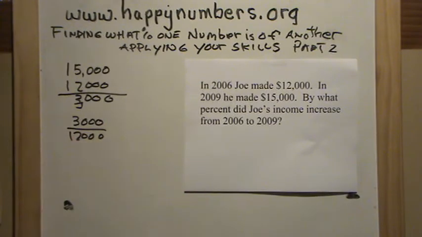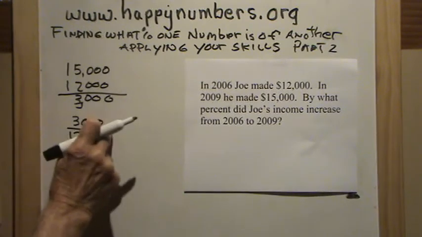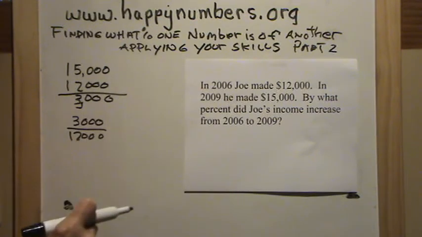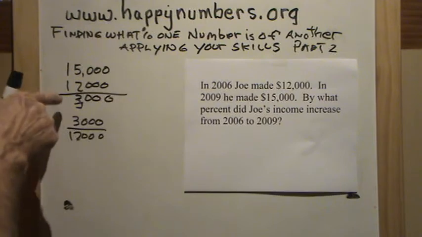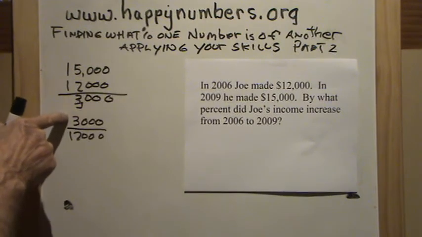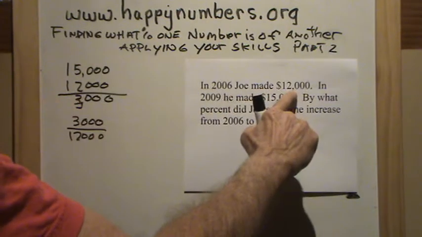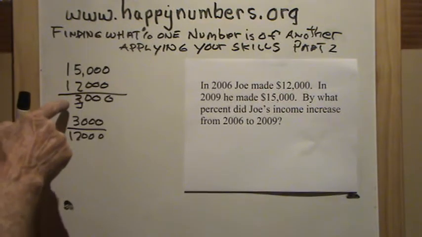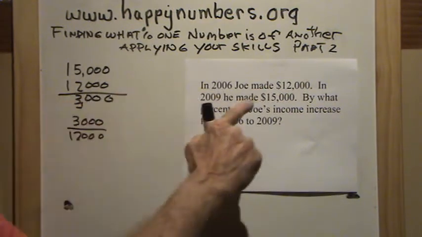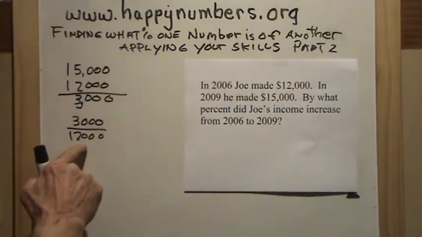We make a fraction, and we put the difference, 3,000, in the numerator, and the original income as the denominator. So the difference becomes the numerator, the original number becomes the denominator.